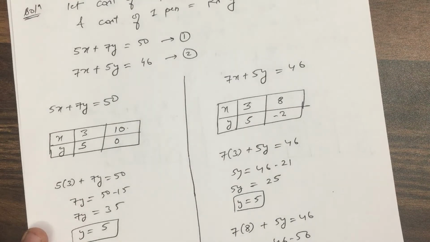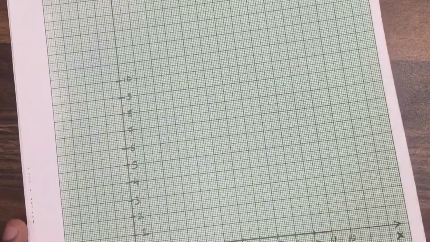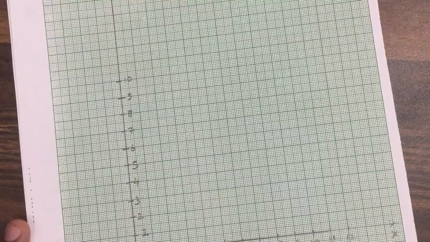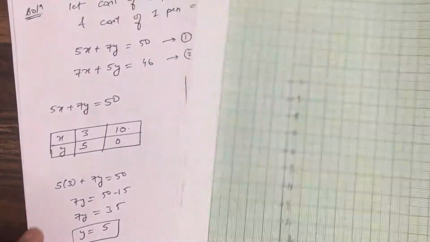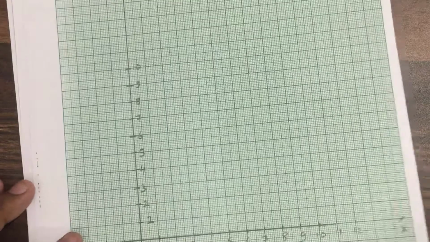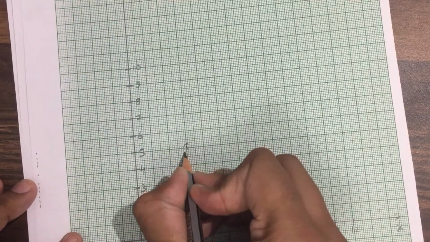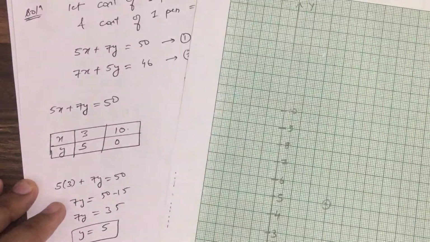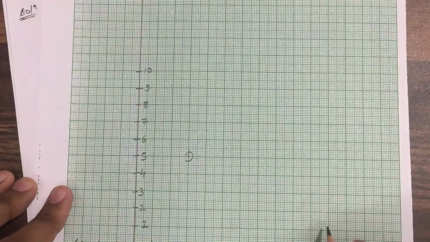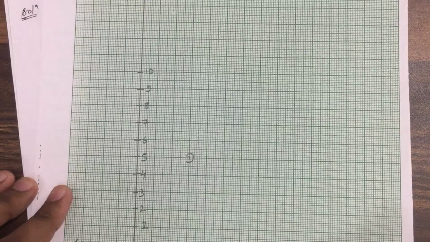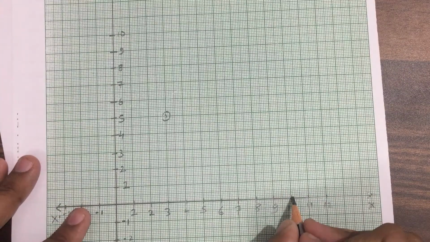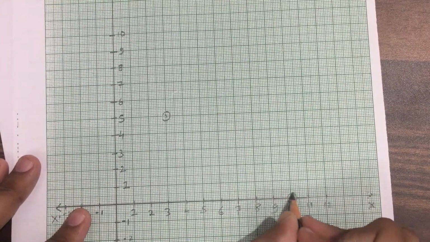Now what we have to do is plot it. Okay, so let us start. Here the first point is 3, 5. Second one is 10, 0. 10, 0 will be this.